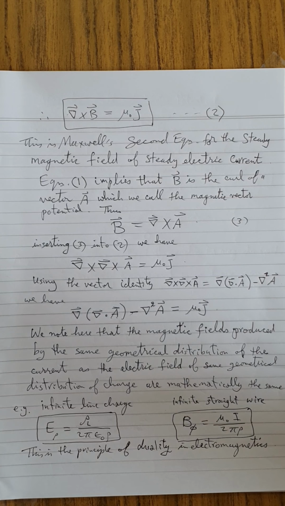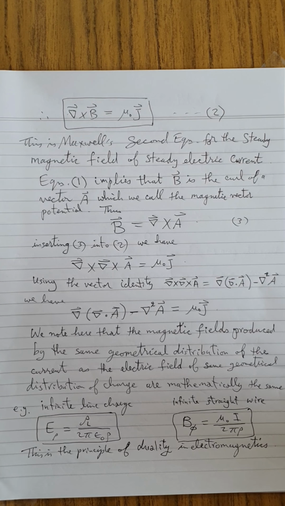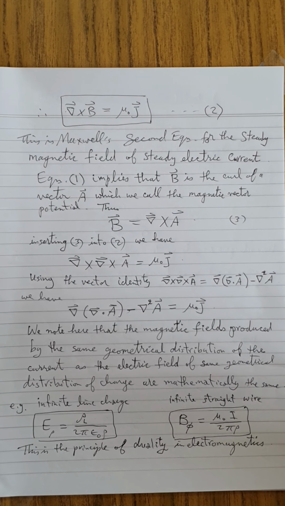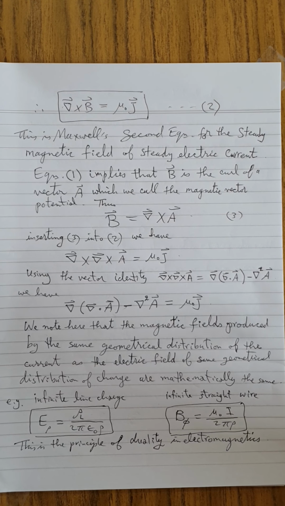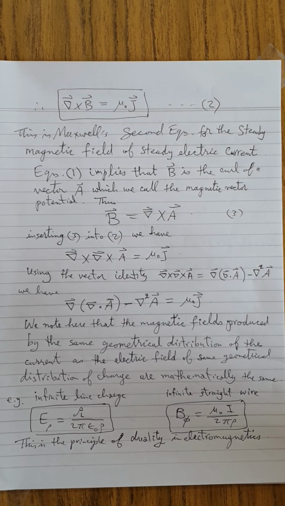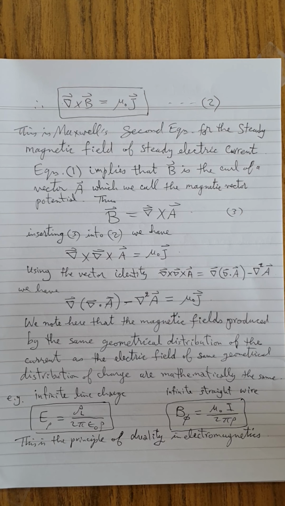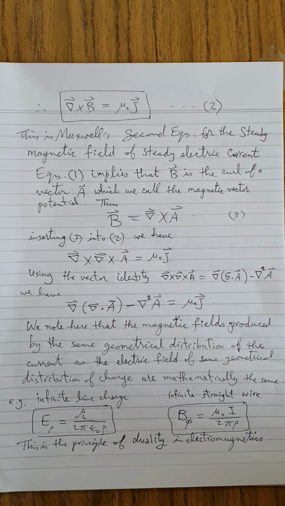For the infinite straight wire carrying a current I, the magnetic field was in the direction of phi, not rho, but equal to mu naught I over 2 pi rho. So mathematically they are the same. The only change is that epsilon becomes 1 over mu naught and rho L goes into I.